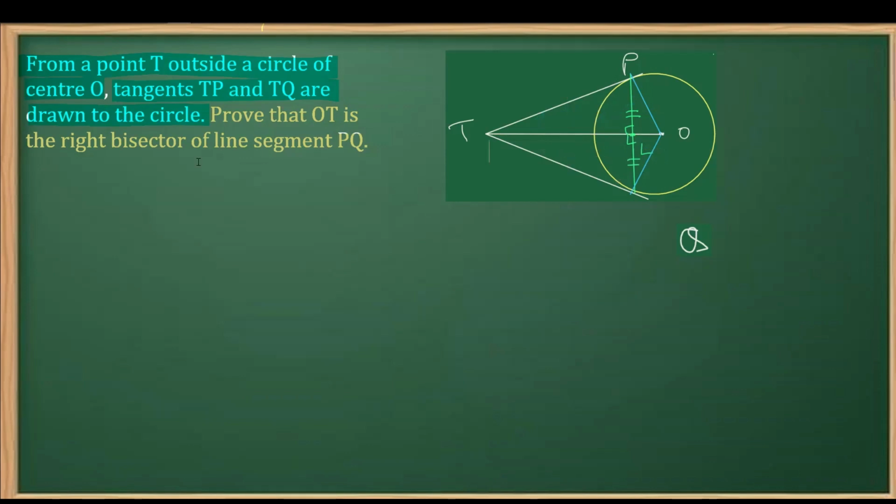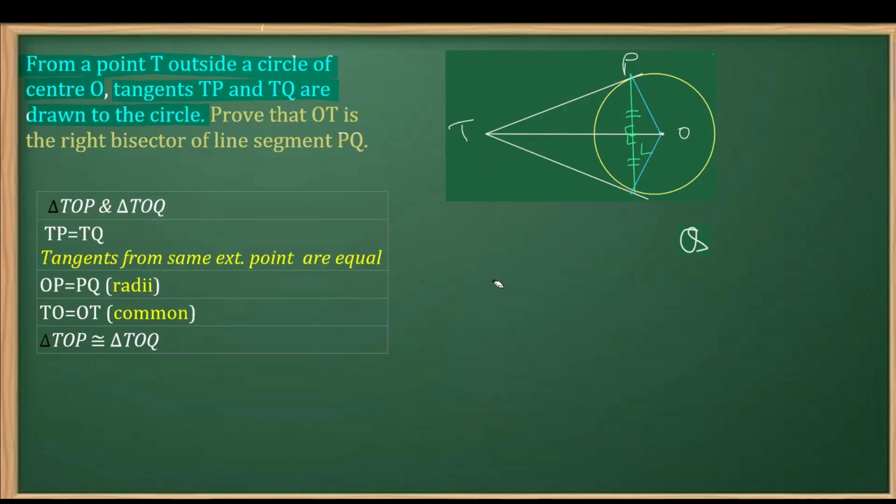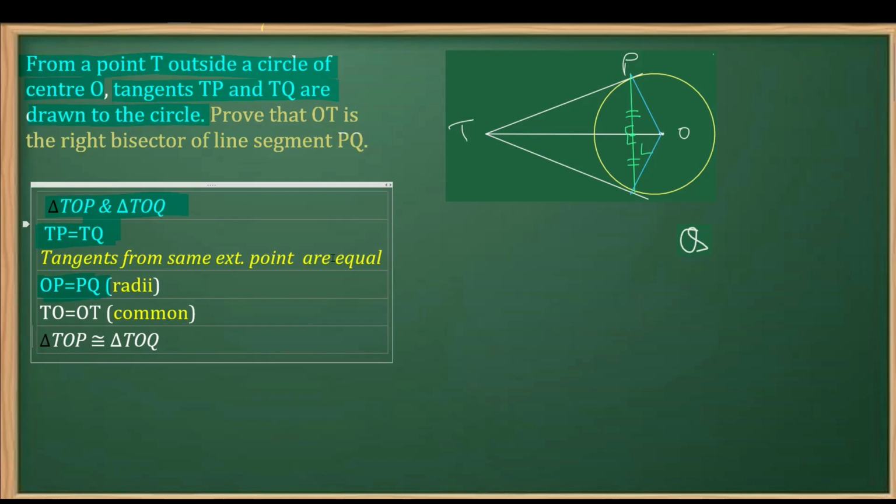And for that, what we are going to write over here, number one, we are going to prove these two triangles congruent. First, we have TP is equal to TQ, that is, tangents from the same exterior point. OP is equal to OQ, that is, radii, and OT is the common side.